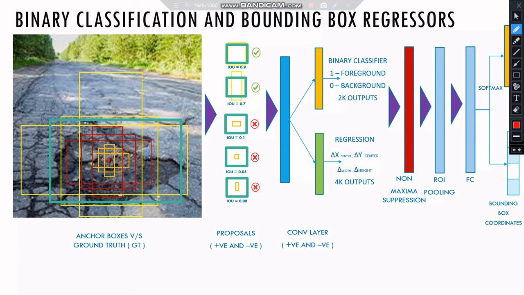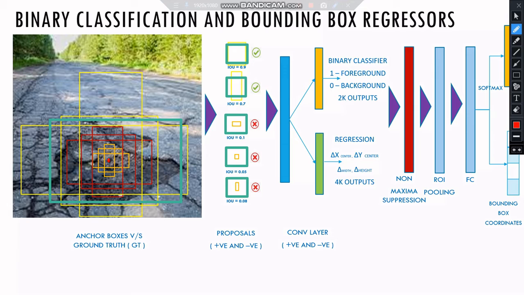One is the center point. Consider the center point of the anchor point, which is your region proposal, and the ground truth. Let's consider this tall anchor and compare it with the ground truth. Now the center point is almost the same.